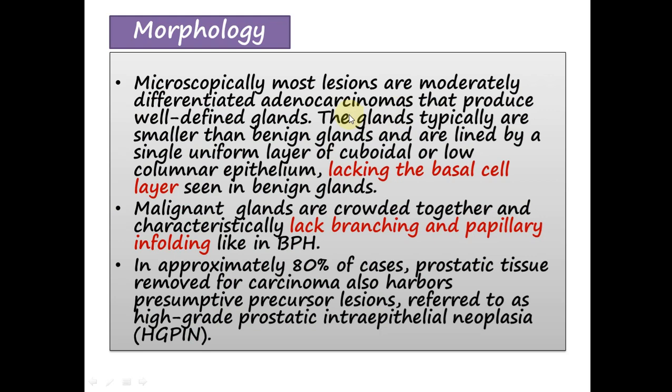Now, morphologically, there are different patterns that are commonly seen during microscopy. In some biopsy specimens and tissue slides, we will see very well differentiated glandular structures that are very close to the normal prostatic tissue, while in other areas of the same patient, we will see very poorly differentiated neoplastic cells.